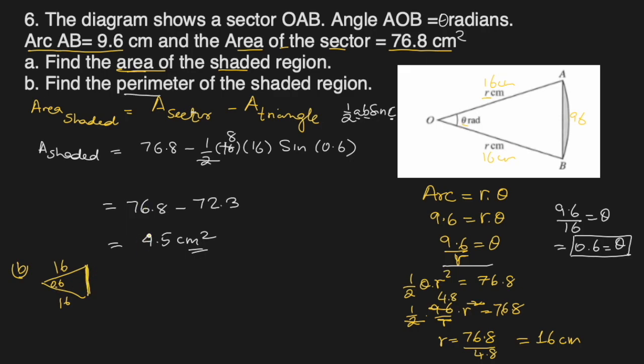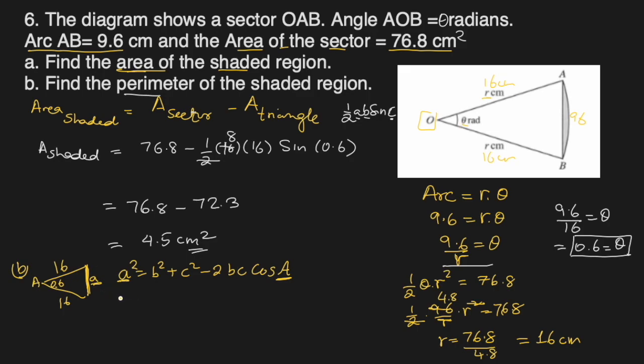The best way is to use the cosine rule. The cosine rule says a squared equals b squared plus c squared minus 2bc cos A. This angle and this side are the opposite ones. Though it is O here, for simplicity's sake I will assume that this is A and this side is a. The side opposite to the angle A is a, and that's what I'm going to use now.